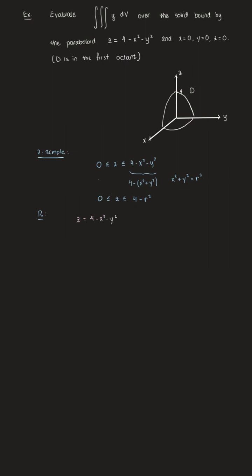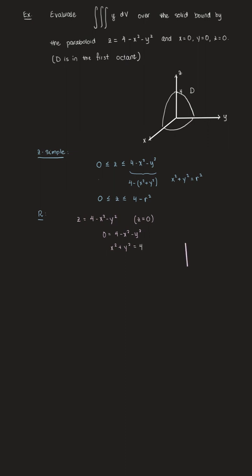When we project it onto the xy plane, z will be equal to 0. So that gives us 0 equals 4 minus x squared minus y squared, or the circle x squared plus y squared equals 4, a circle that has a radius of 2.